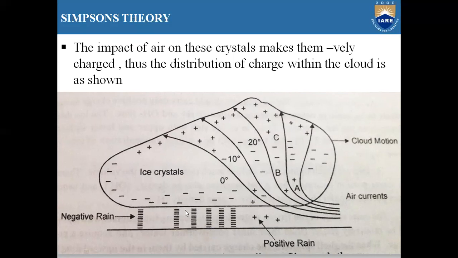And you can see the negative rain as well as positive rain here. Since the ice crystals are formed, it means there is low temperature at the topmost part of the cloud, with the temperature ranging from -10 degrees, -20 degrees, and so on.